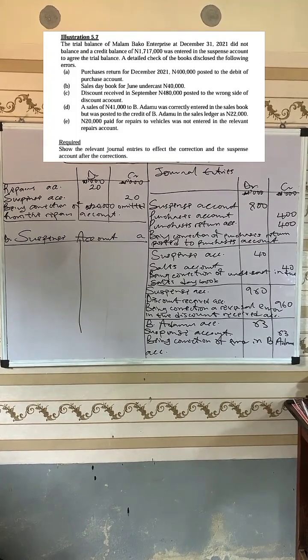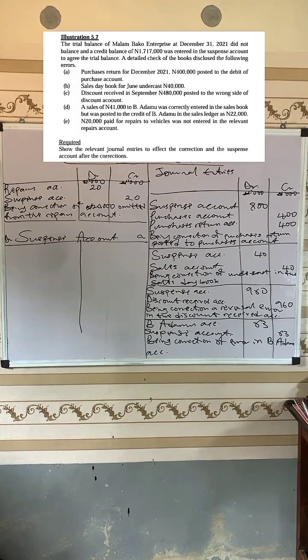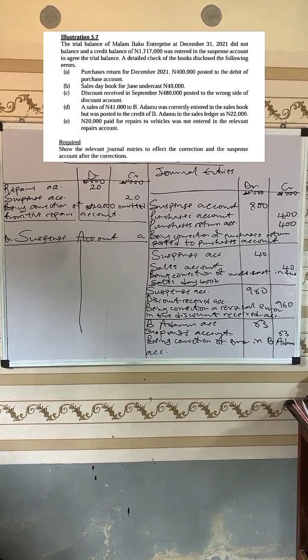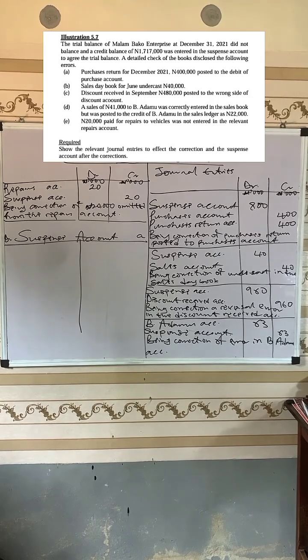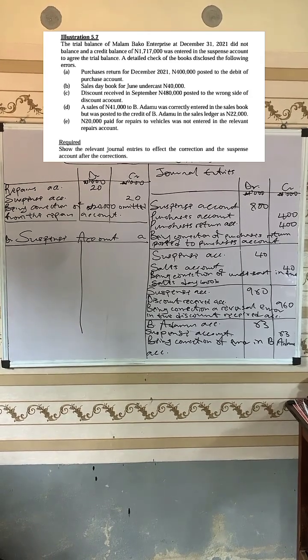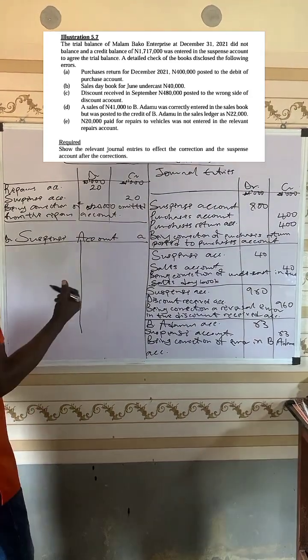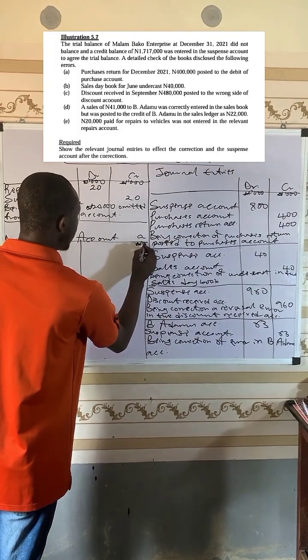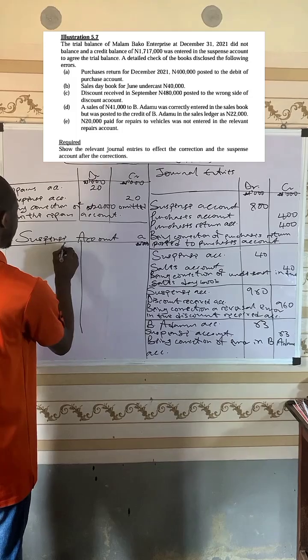The trial balance of Malambako Enterprise did not balance, and a credit balance of 1,717,000 was entered in the suspense account. What was entered in the suspense account was a credit balance, so it will also be on the credit of the suspense account.